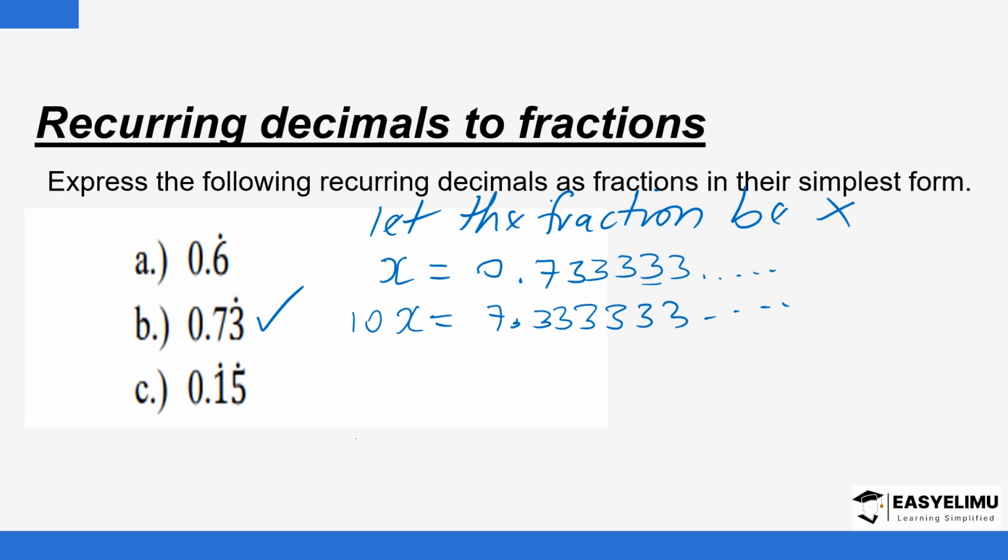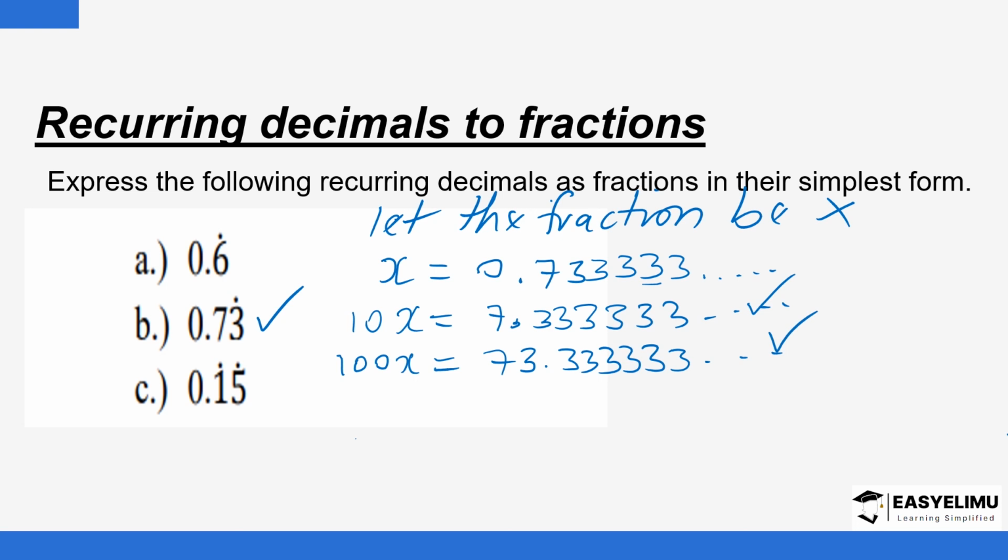So we'll continue with that multiplication. You multiply the latest one, 10x equals 7 point, by 10 on both sides again. Left hand side multiplied by 10 is 100x. Right hand side multiplied by 10 is 73 point 3, 3, 3. So you see the pattern in these two cases is the same.